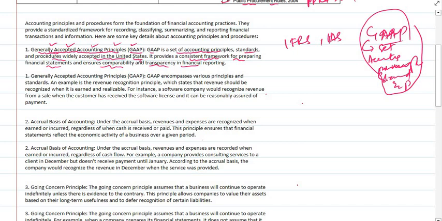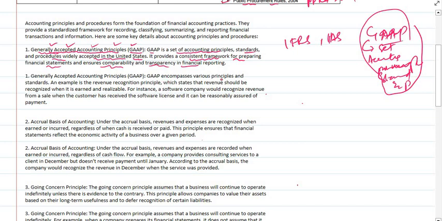So GAAP is a set of accounting standards, rules and procedures that companies use to prepare their financial statements. And GAAP ensures that financial statements are accurate, consistent and comparable across different companies. Let's look over here at an example.